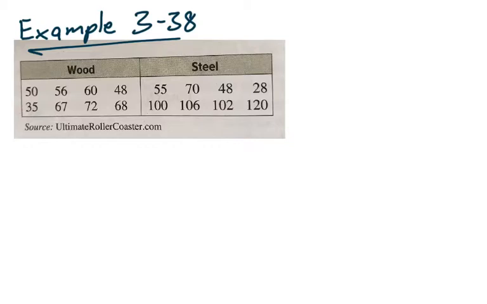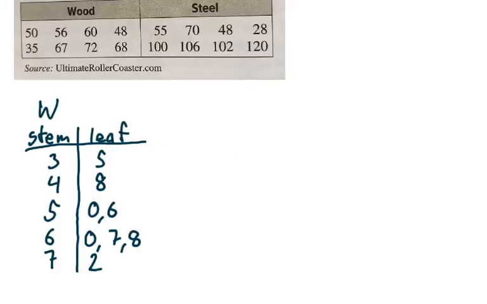Example 3-38 is pertaining to speeds of roller coasters, and it says the data show the speeds in miles per hour of a sample of wooden roller coasters and a sample of steel roller coasters. Compare the distributions by using box plots. For the wooden coasters, I've constructed a stem and leaf plot.